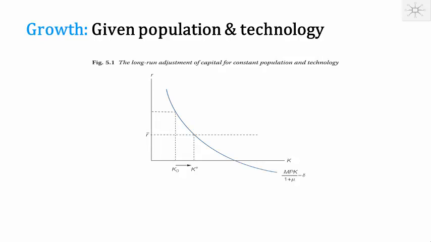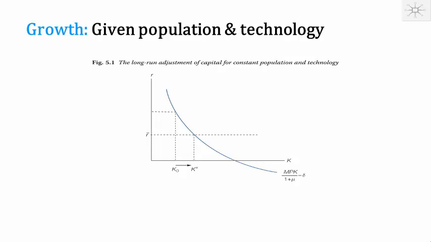Well, if we start with a lower capital stock, we will have a higher return on investment because the marginal product of capital is going to be higher. And that means that there will be a stronger incentive to invest and to save. So if we start with K0 here, then there will be more investment and savings relative to the capital stock, and the capital stock will grow.